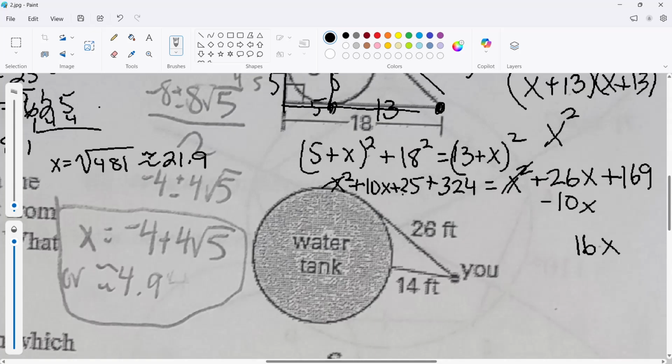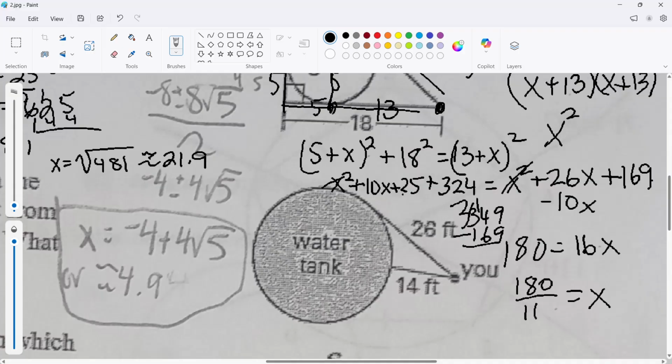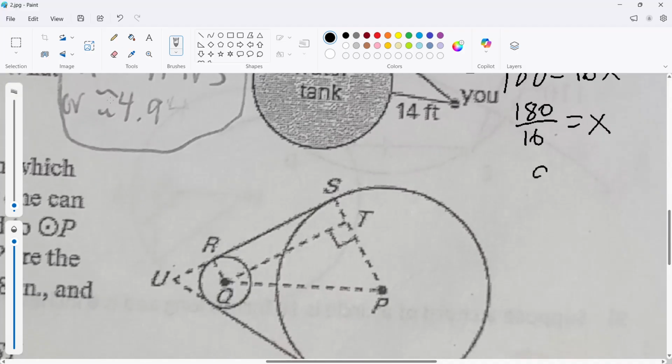I got 324 plus 25 is 349. Minus, I'm subtracting 169 from both sides. I get 16x equals 180. So then x equals 180 divided by 16, which is 90 over 8, which is 45 over 4.